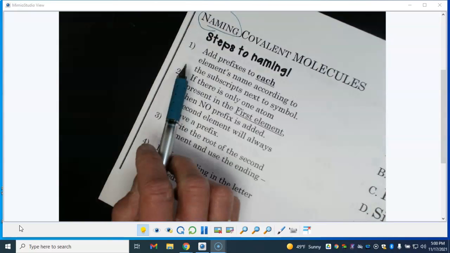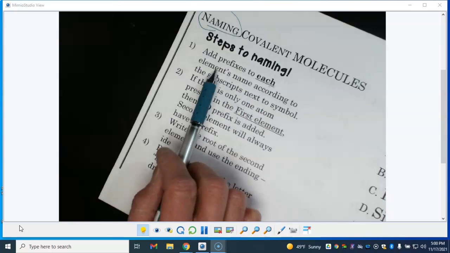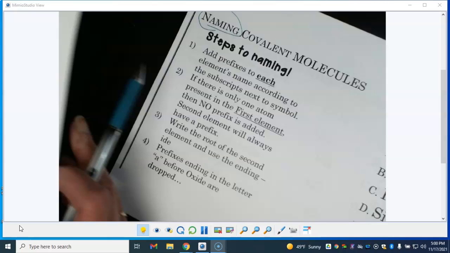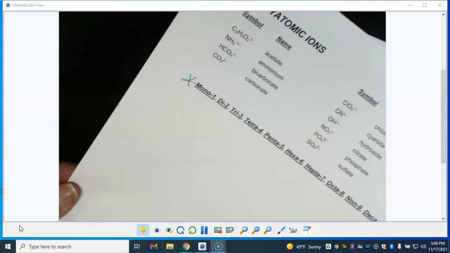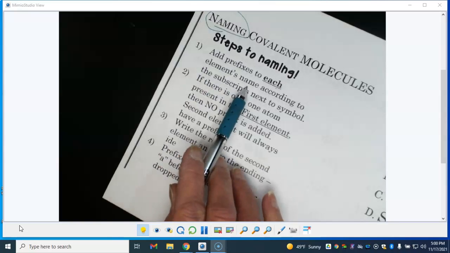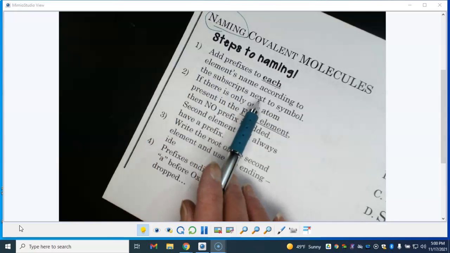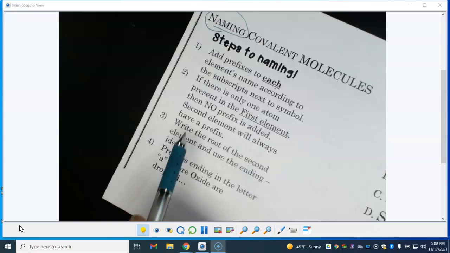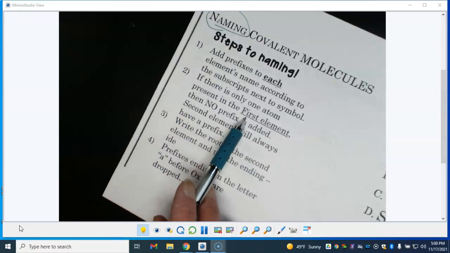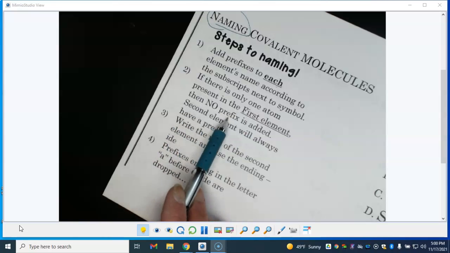We're going to add prefixes to each element's name according to the subscripts next to the symbol. If there is only one atom present in the first element, then no prefix is added.